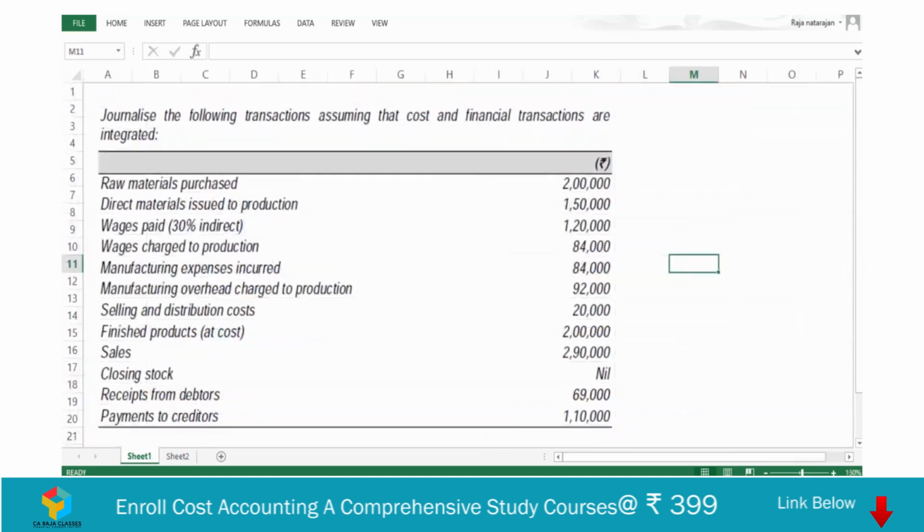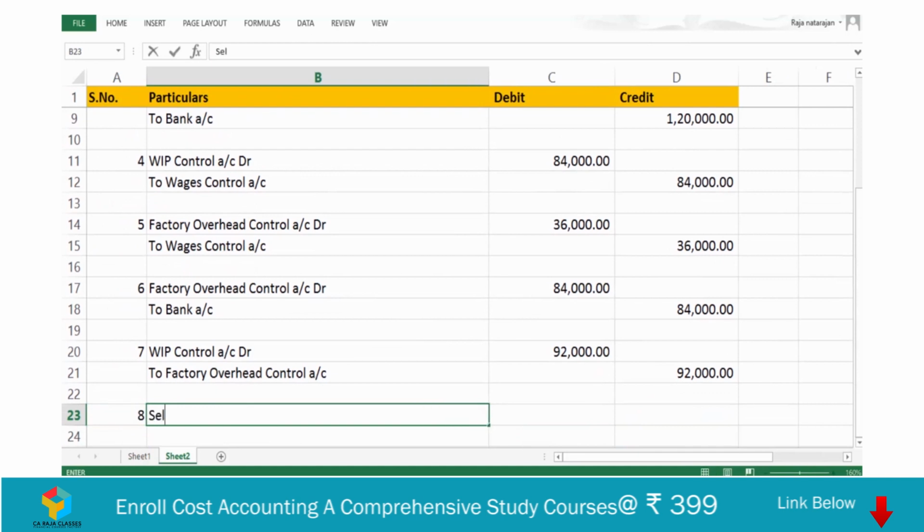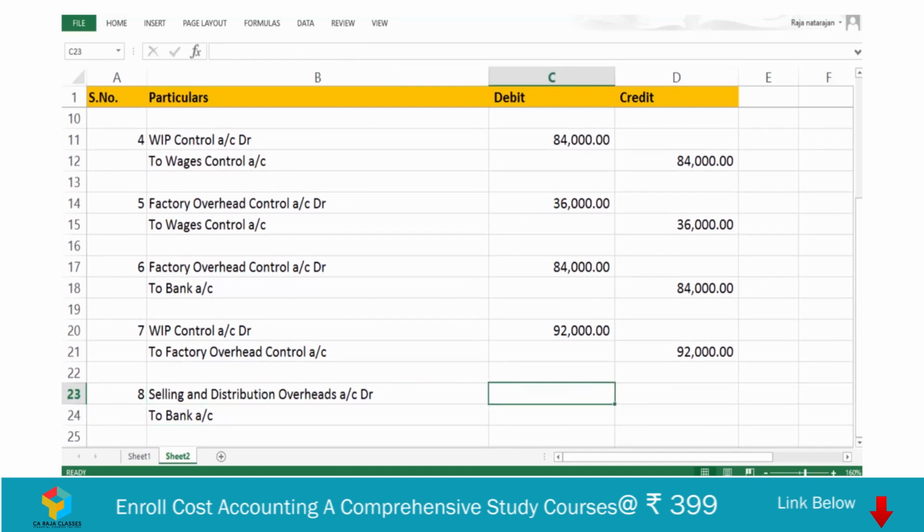So that is taken care of. Then we have selling and distribution cost 20,000. Let's account for that first. Item number 8, selling and distribution overheads account debit, and credit should go to bank account because it has been paid, and the amount involved is 20,000.